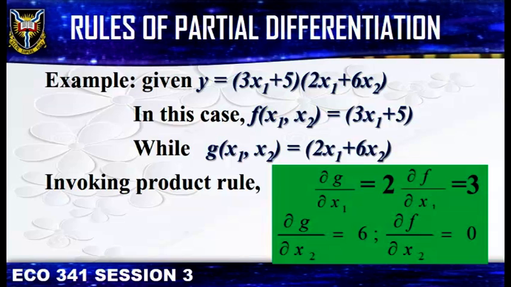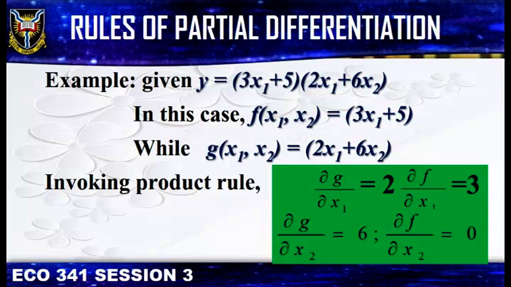In this case, f(x1, x2) is equal to (3x1 + 5), while g(x1, x2) is equal to (2x1 + 6x2). Invoking the product rule, partial dg/dx1 is equal to 2, partial df/dx1 is equal to 3, partial dg/dx2 is equal to 6, partial df/dx2 is equal to 0.